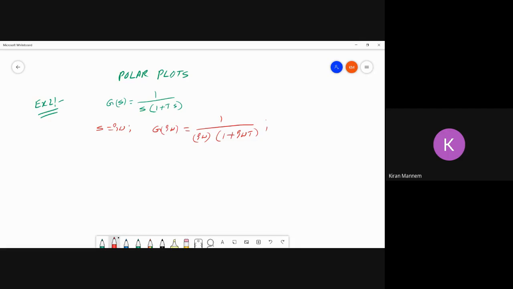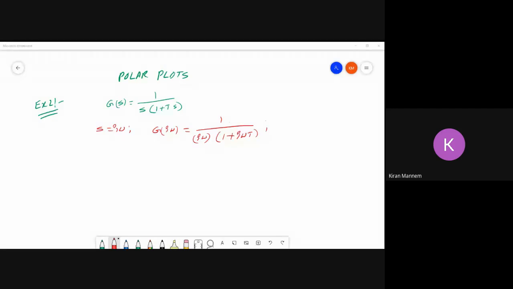So next step: rationalize the sinusoidal transfer function, isn't it?